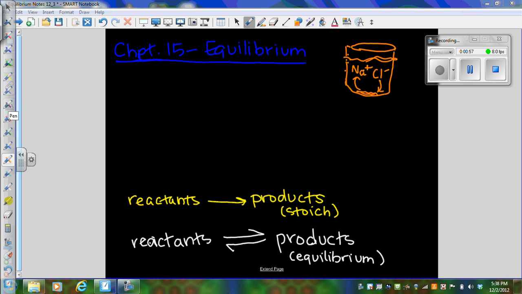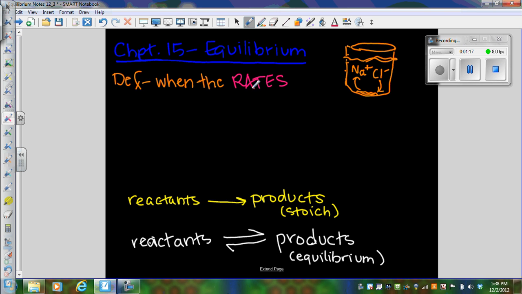So I want to start with a definition. So equilibrium occurs when, I'm going to change color here because this is really important, when the rates of two opposing processes are equal.